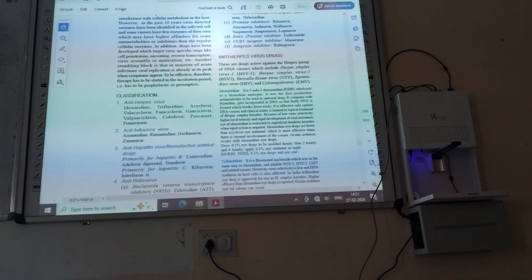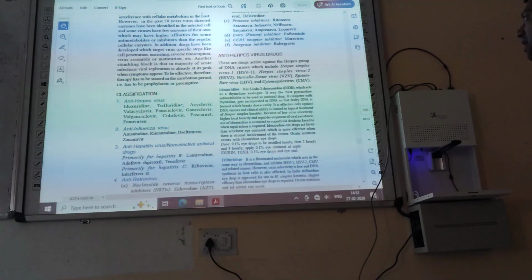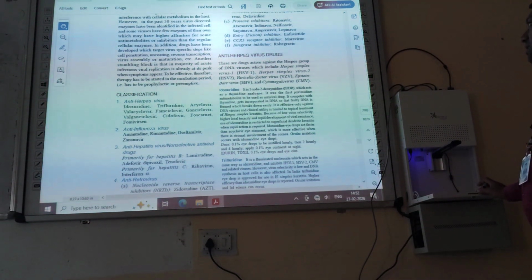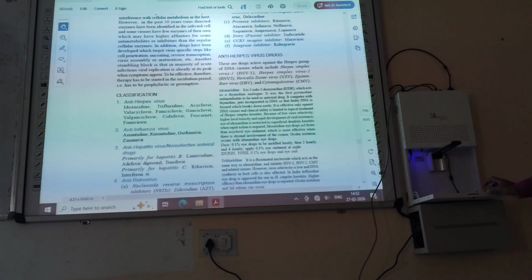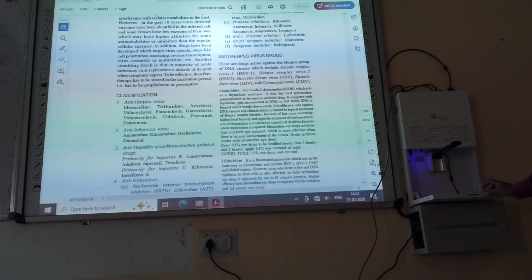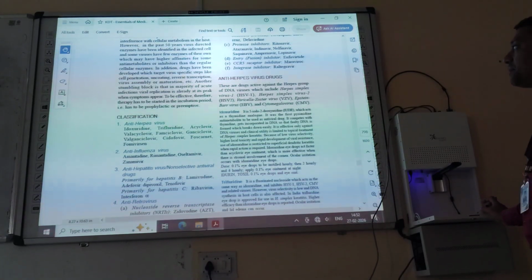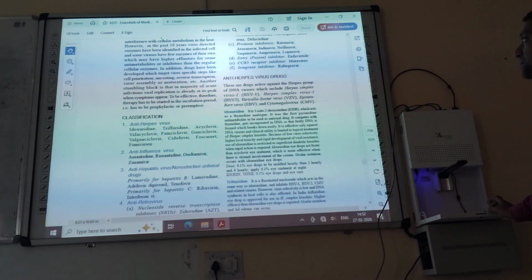These include herpes simplex virus 1, HSV1, herpes simplex virus 2, HSV2, varicella zoster virus, VZV, and Epstein-Barr virus.